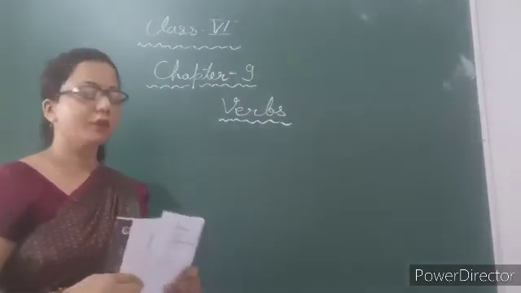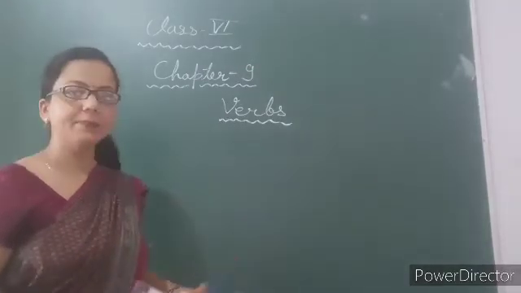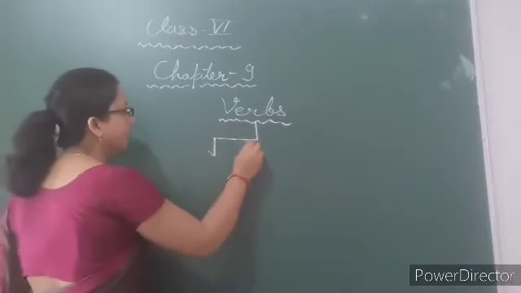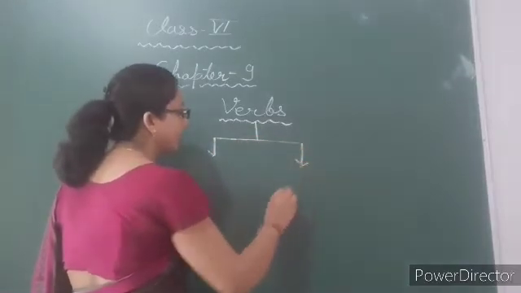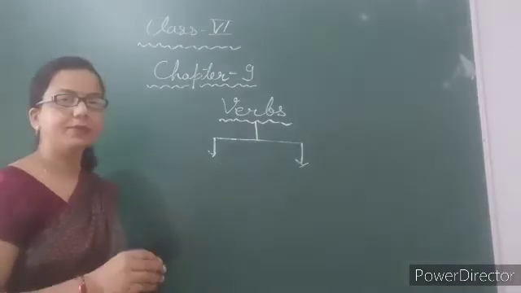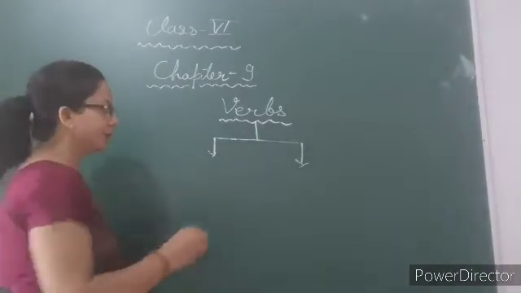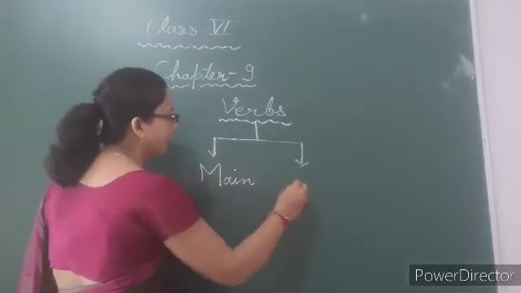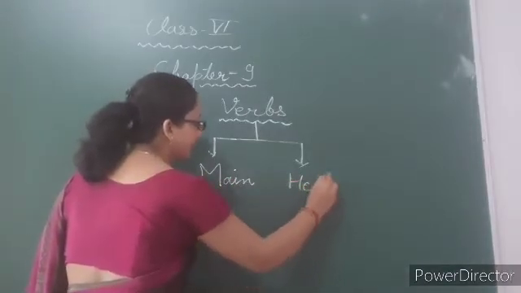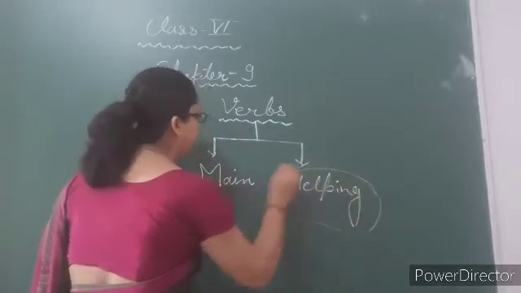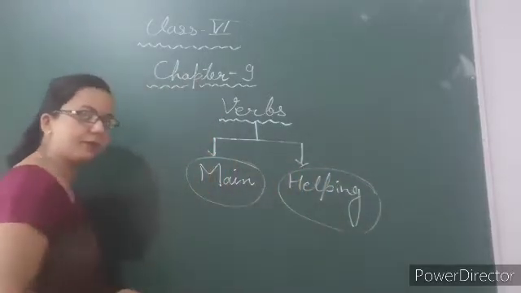So what was the difference between them? If we categorize verbs according to their role, then we will get two types of verbs. Main verb and second is your helping verb. Main verb and helping verb.